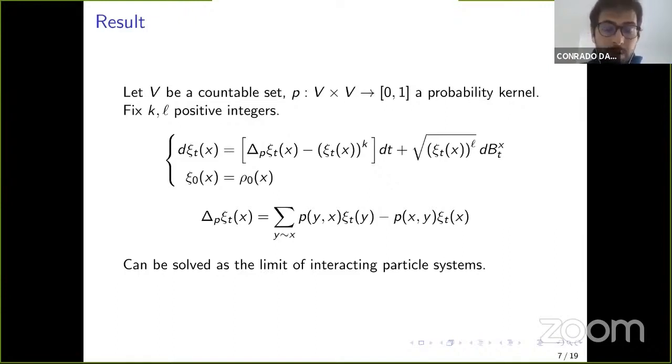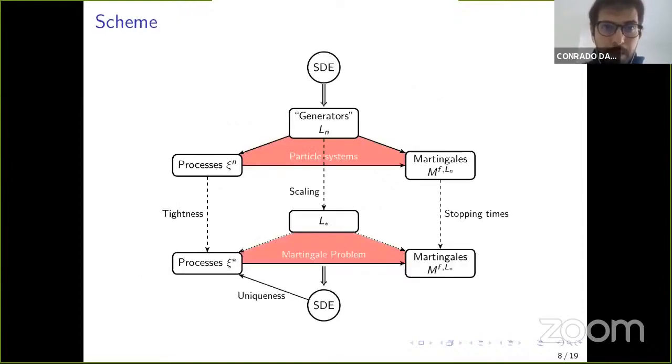So the idea of the proof is that we start with a certain stochastic differential equation that we want to model. From there, we are going to choose a family of "generators". They are in quote marks because they are formal generators.